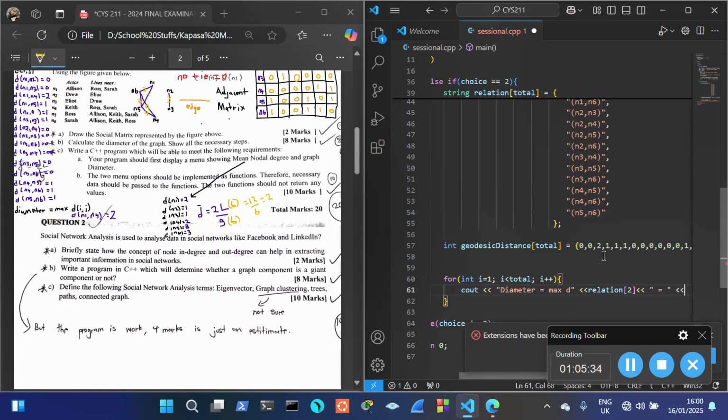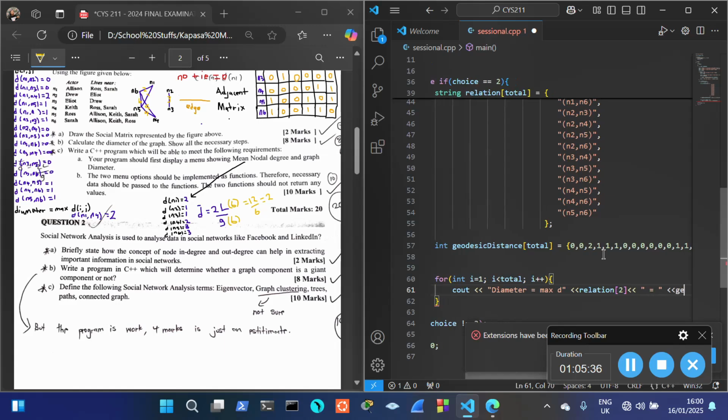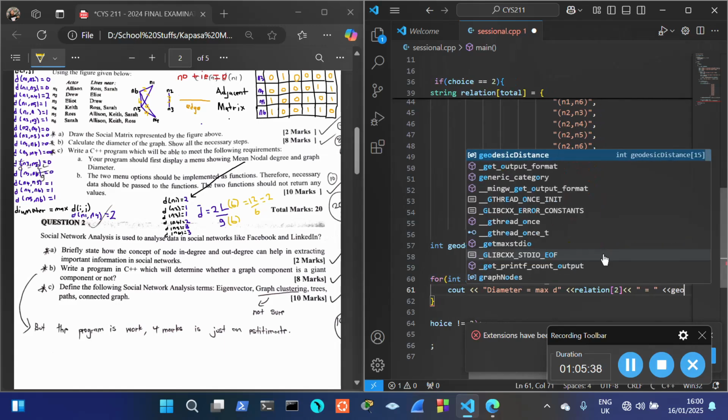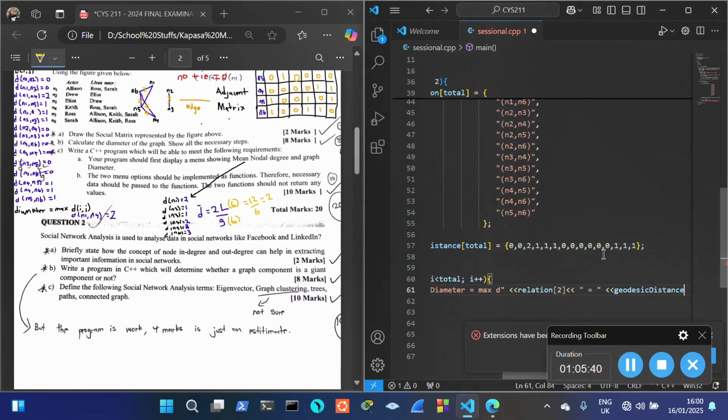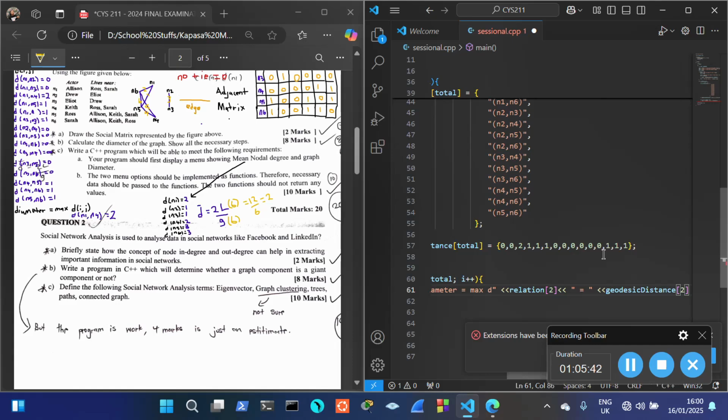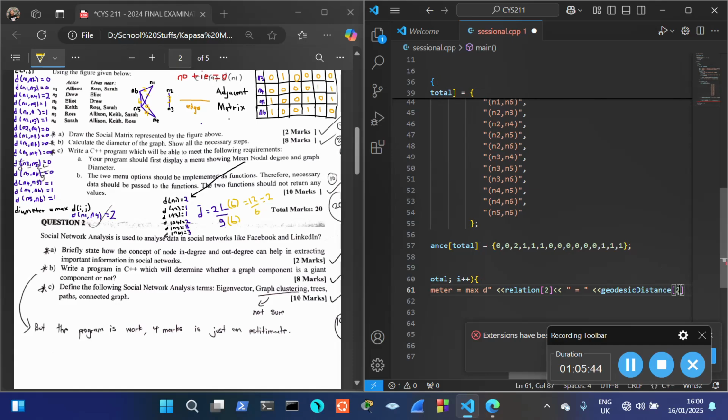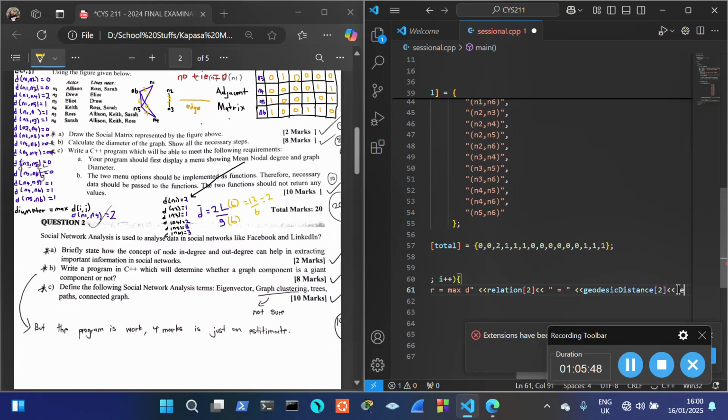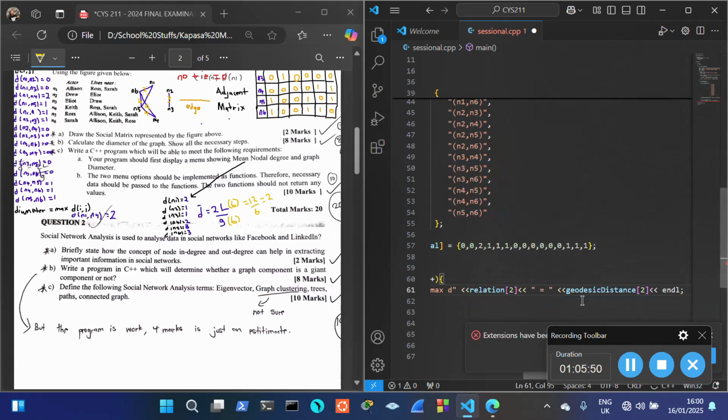So for that we'll say geodesic distance. The largest one is at position number 2, so now I can end the line because we are able to display that particular thing.